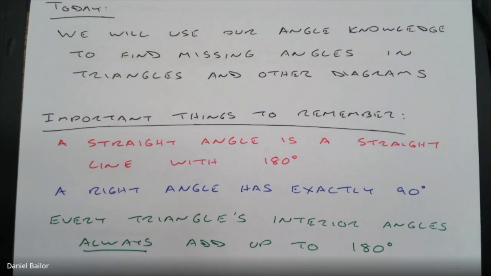You need to know that. A triangle has 180 degrees on the inside. So those are 3 facts that you should remember and that will help you on the lesson today. Those are also 3 facts that I believe you covered in previous years. I'm just reminding you about them today so that you can use them as we are problem solving today and finding missing angles.